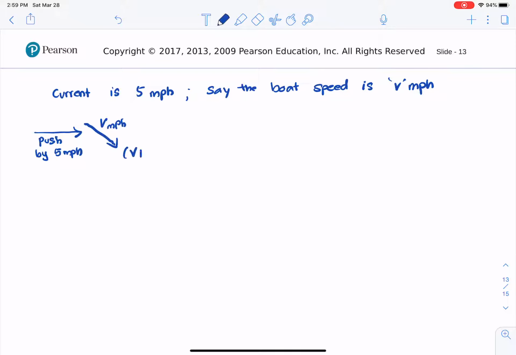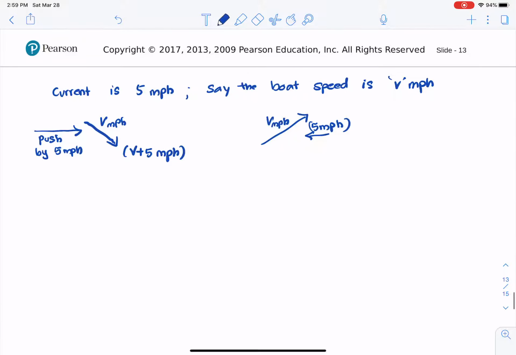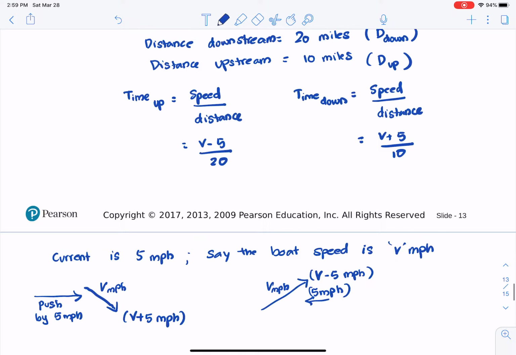So the velocity of the boat would be V plus 5 miles per hour. In other words, it is pushing the boat to go faster. But if the current is 5 miles per hour and the boat is going upstream at V miles per hour, the current is against the boat's speed, so it is going to decrease the boat speed by 5 miles per hour. And that is how I get the V minus 5 and V plus 5 there.